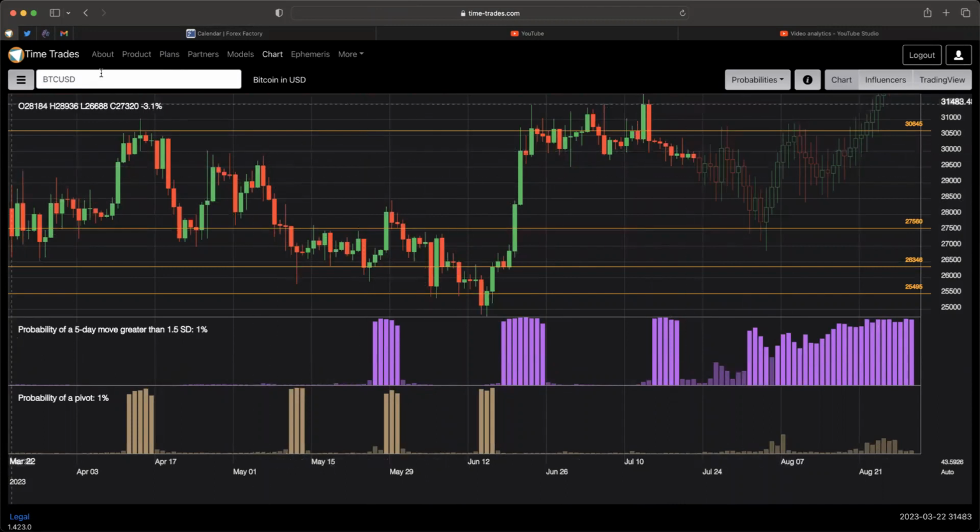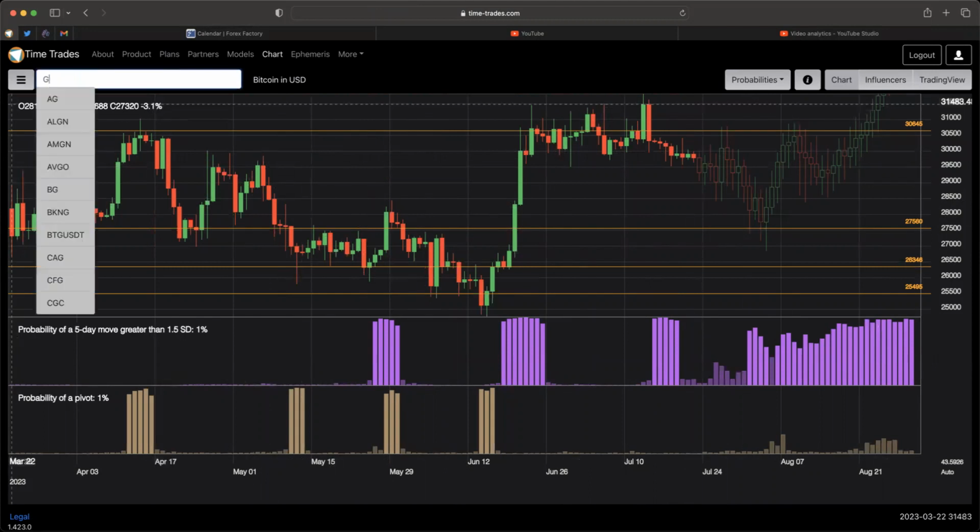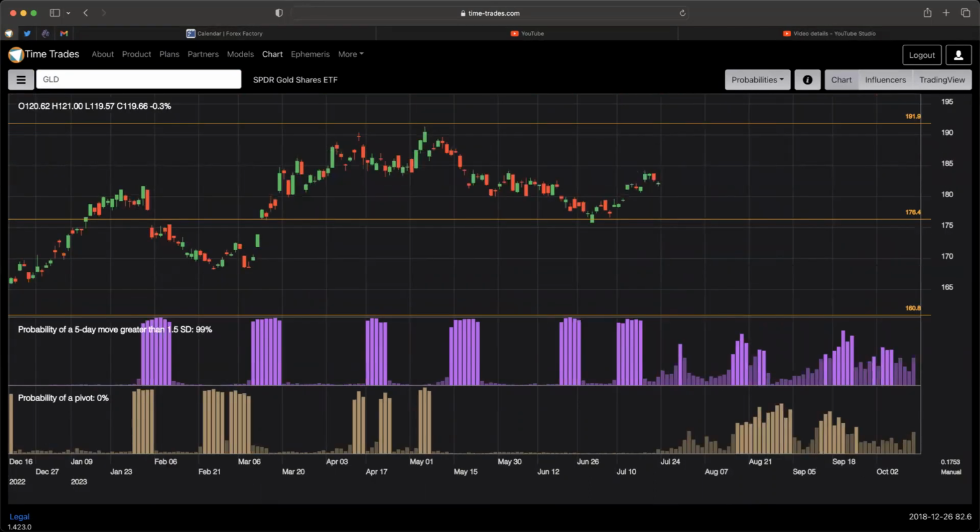Let's go and take a quick look at gold. Okay, so when it comes to gold, what really stands out is this major cluster of pivots in late August, okay? And we've got a big move down into that. Now, I don't know if this is a pivot high or a pivot low, but what we do see that is bullish is this strong support here from the orange magic level at 176.4.